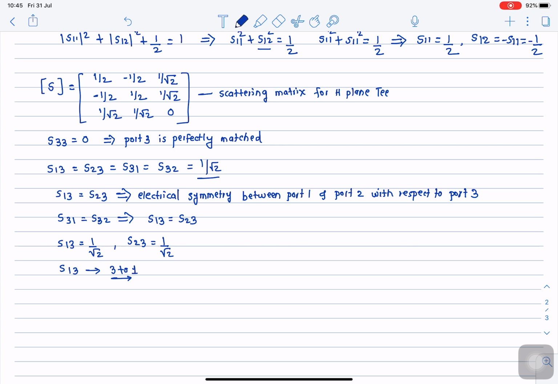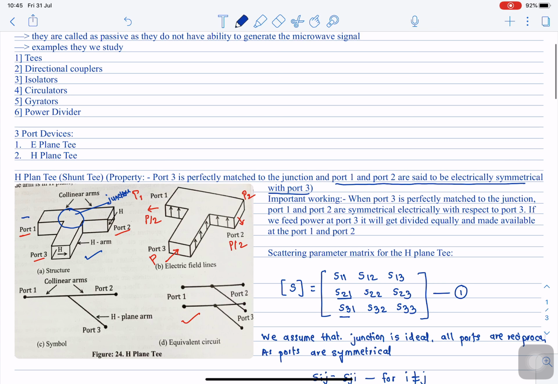So it indicates that whenever you feed certain power at port number 3, this power will be made available at port number 1 and port number 2 equally with the same sign. Thus whatever microwave signal power you feed at port number 3 will get split equally with the same polarity, and that is the property of the H plane T, right?